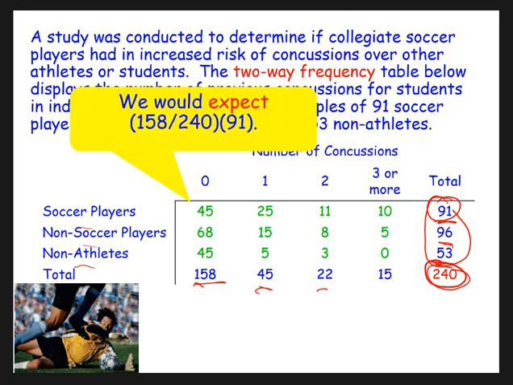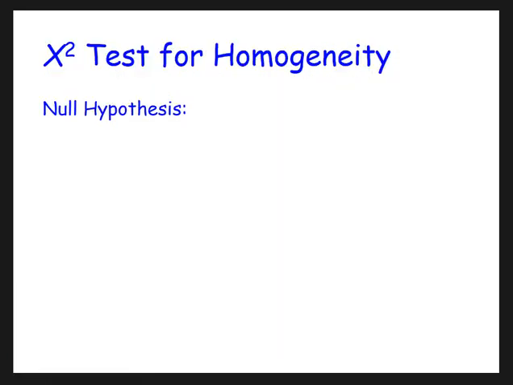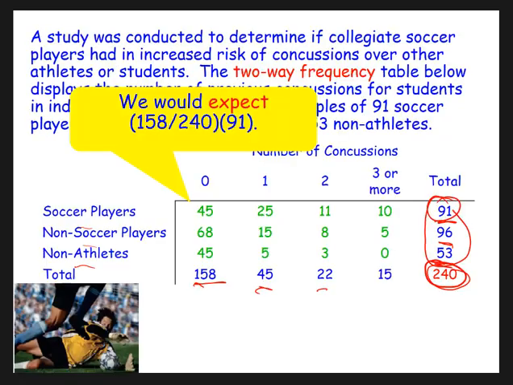So there's 158 out of the 240. That's the proportion of people that have 0 concussions. So we'd expect that same proportion out of the 91 soccer players. That would give us the expected number of soccer players we would expect to have 0 concussions.